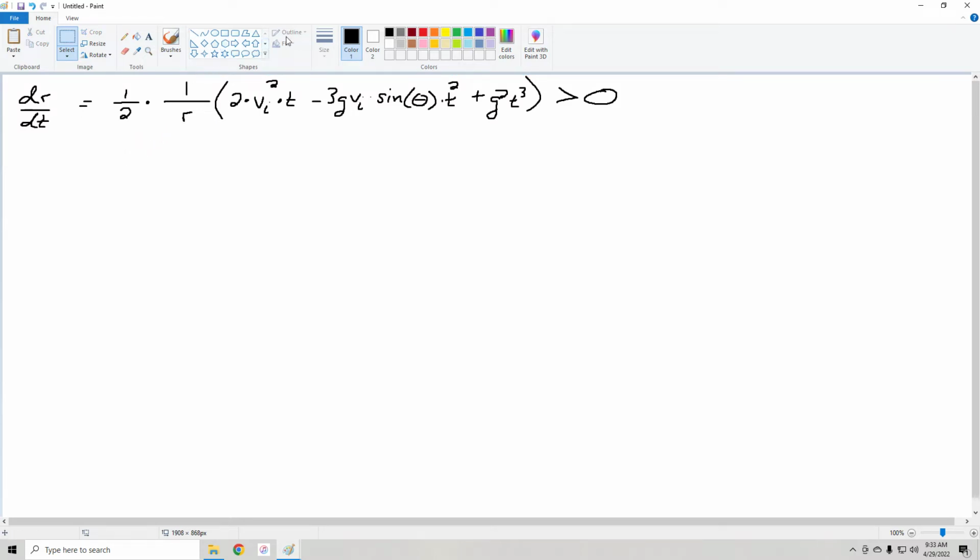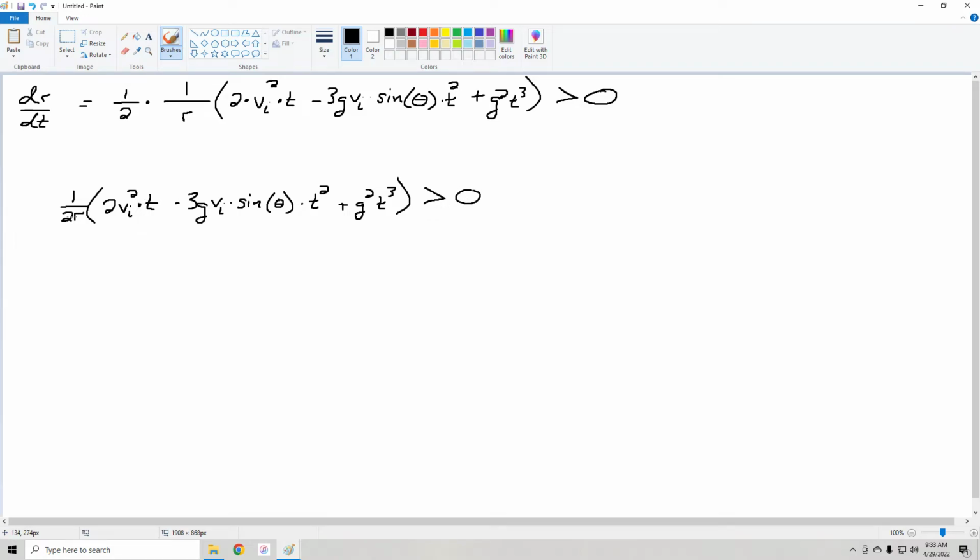And if I have this as my expression, 1 over 2r times [2 v initial squared times t minus 3g v initial times sine theta times t squared plus g squared t to the third] is greater than 0.